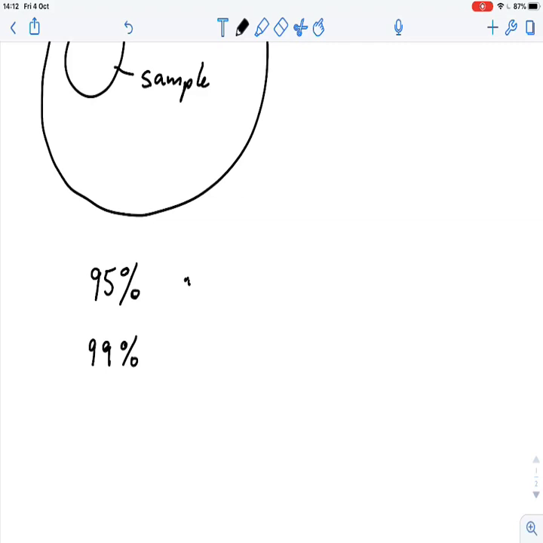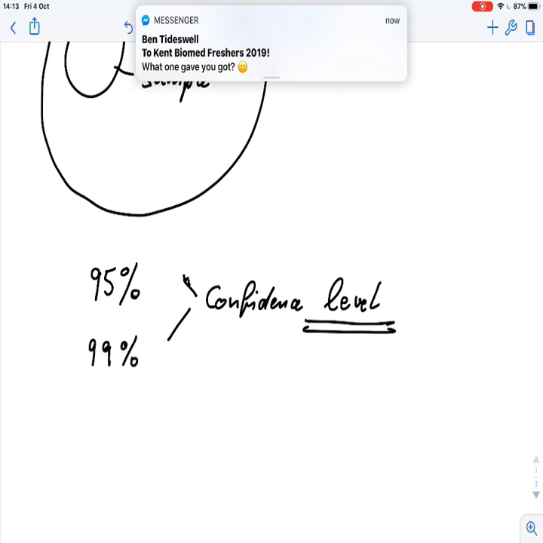And this is referred to as the confidence level. So a confidence level of 95% indicates I want to be 95% sure about something.